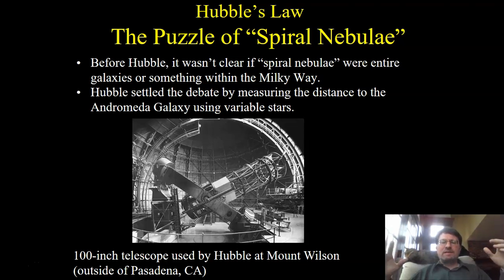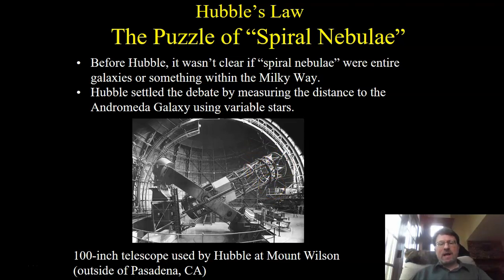And what he realized was that the distance to Andromeda put it well outside the extent of our own Milky Way galaxy. Here's an image of the 100-inch telescope, that's 100-inch in the diameter, used by Hubble at Mount Wilson in California.